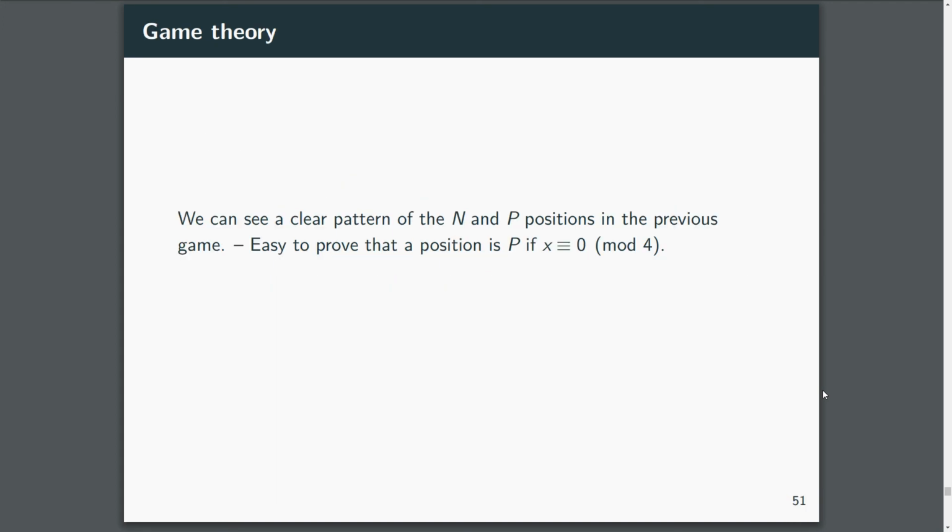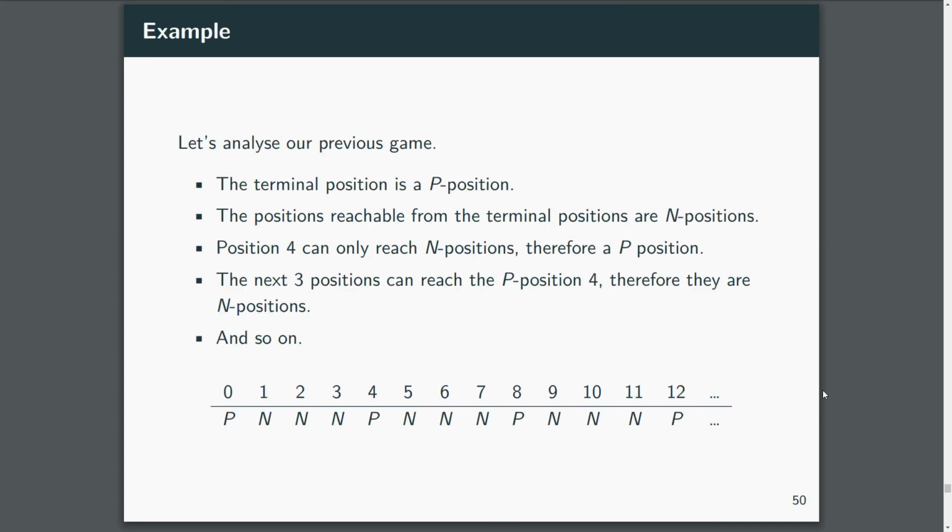So here we can see a clear pattern of N and P positions. If you look at this, where do P's occur? What properties do the integers have to fulfill so that we have a P?